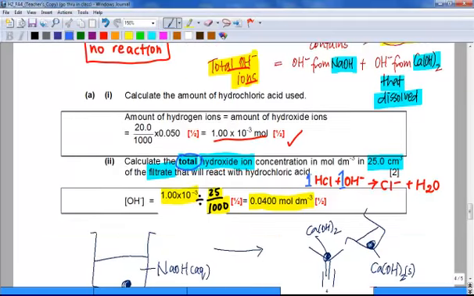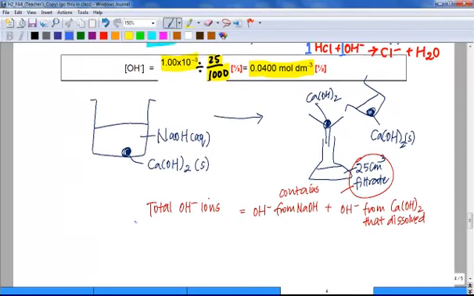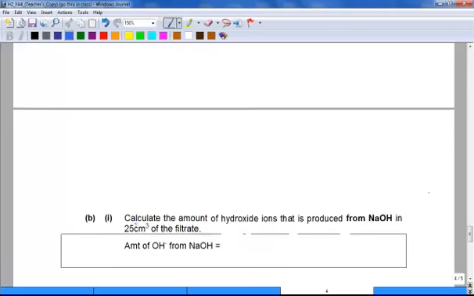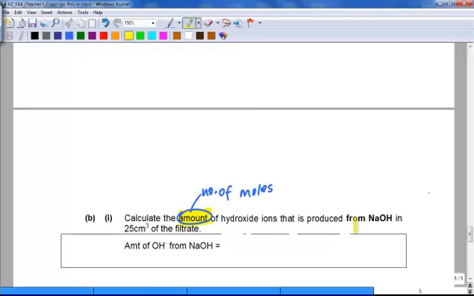Moving on to the next part. The next part mentions that you are supposed to calculate the amount, and take note, amount here means number of moles, of hydroxide ions that is produced from NaOH in 25 cm³ of the filtrate.